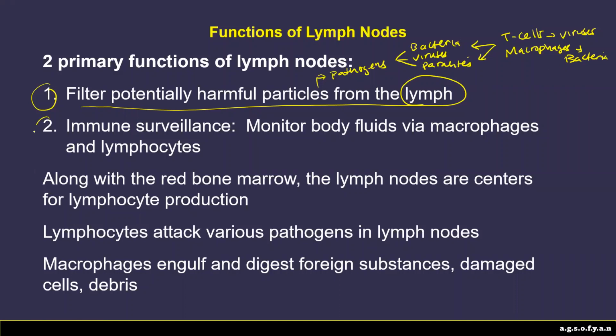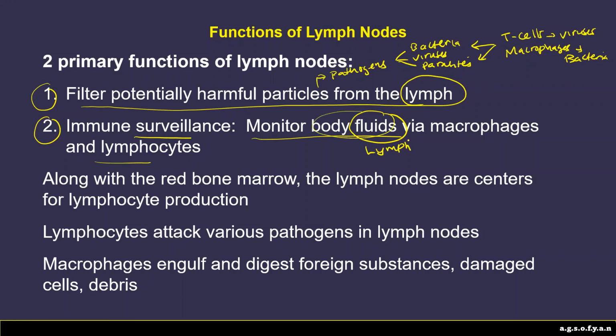The second function is immune surveillance, to monitor body fluid via macrophages and lymphocytes. The body fluid that enters the lymph node, which is the lymph, comes from our body.